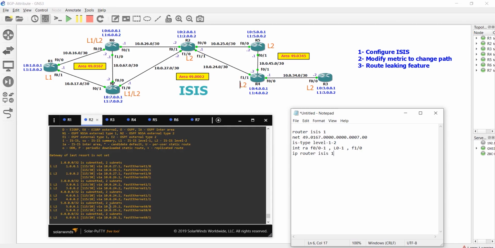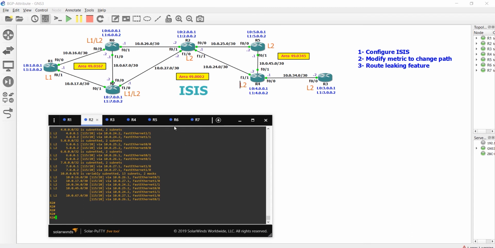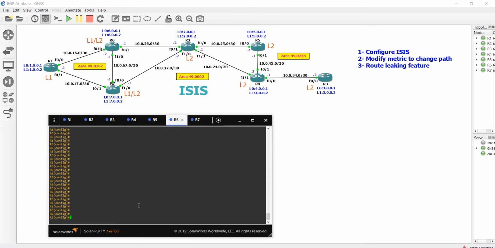from, for example, R6 to R7. I want to change routes only from router 7 to router 1 from R2. Okay? R2 sends packets to loopback 1001 from R7. In this situation, you should write in R6 and R2, both of them. We should increase the metric on both interfaces.